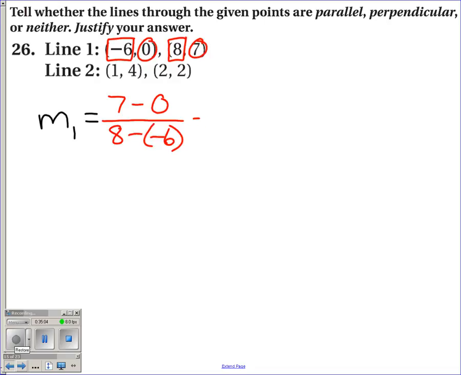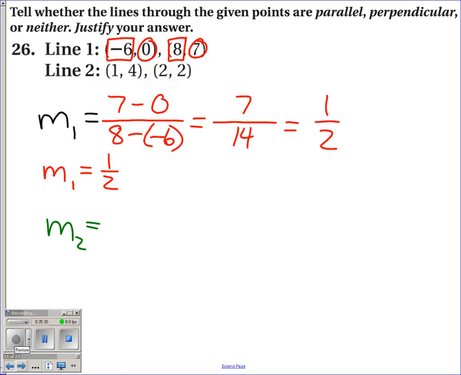Minus a negative is a positive, so that's 8 plus 6 in the denominator. That's 14. The numerator is just 7 minus 0, which is 7. And this simplifies to 1/2. So the slope of line 1 is 1/2. Let's take a look at line 2.